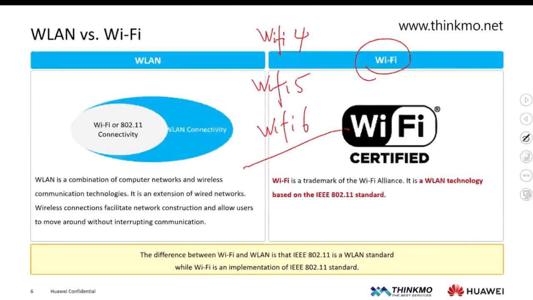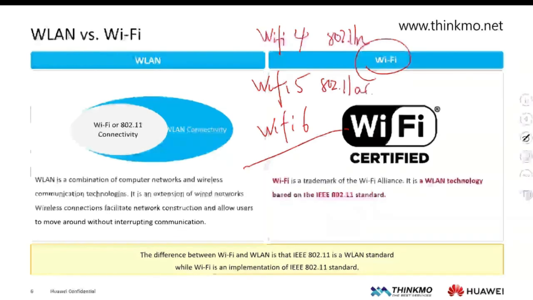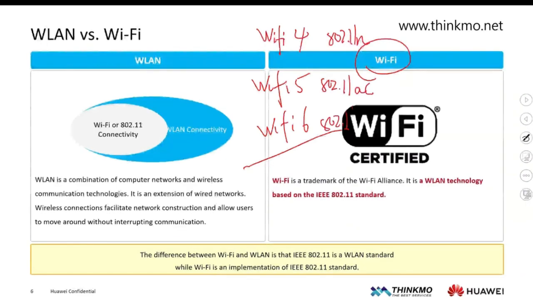For example, Wi-Fi 4 corresponds to 802.11n, Wi-Fi 5 corresponds to 802.11ac, and Wi-Fi 6 corresponds to 802.11ax. Generally speaking, when we use Wi-Fi normally, we don't really pay attention to these technical standards, like 802.11ac or 802.11ax.